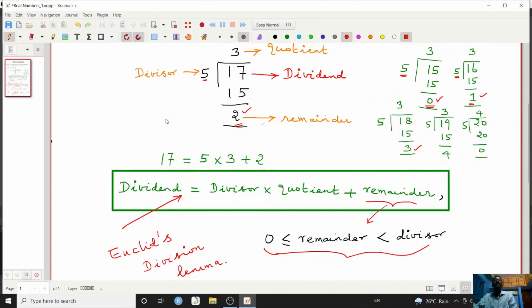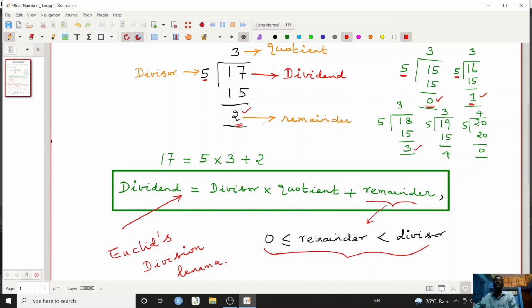So before leaving, again I remind you about Euclid's division lemma. What is the division lemma? Dividend is equal to divisor times quotient plus remainder. What is the condition on the remainder? 0 is less than or equal to remainder and strictly less than divisor.